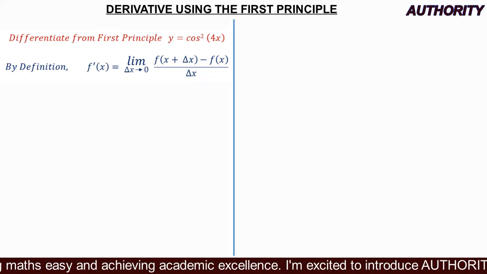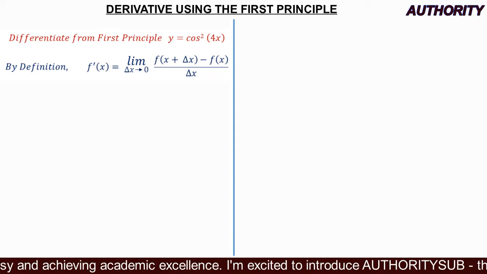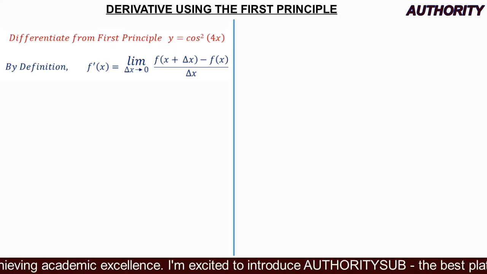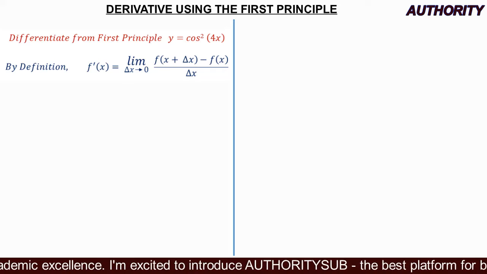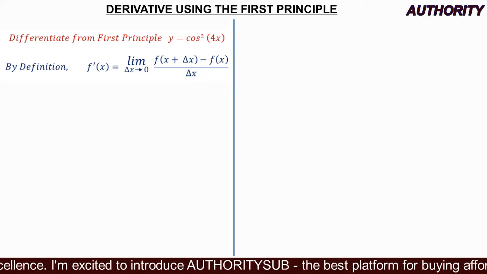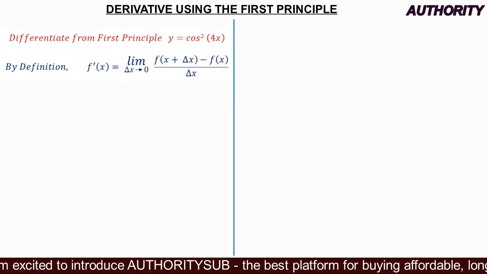So this is the mathematical expression for derivative or differentiation. By definition, this is what derivative is. Now we are going to use this method to find the derivative of cos squared 4x.